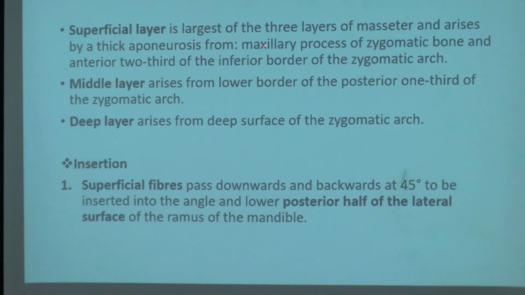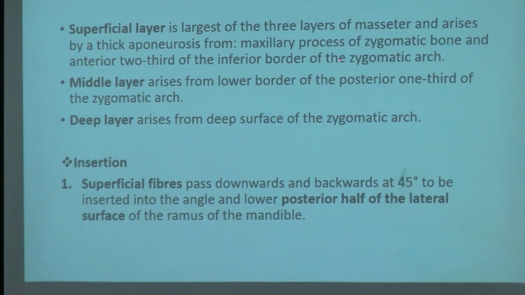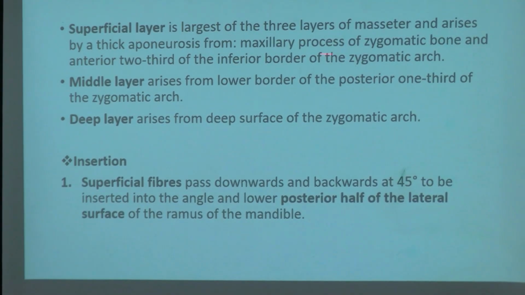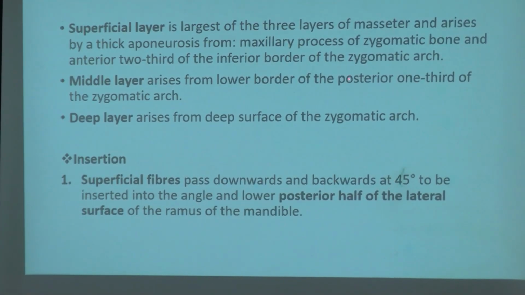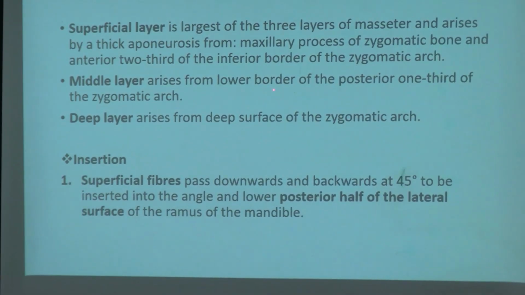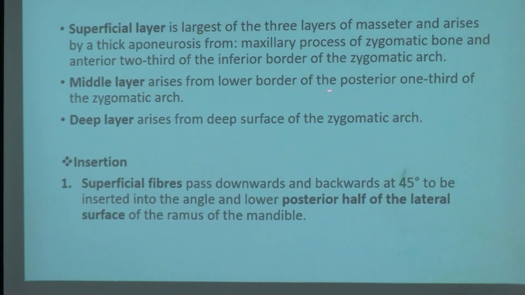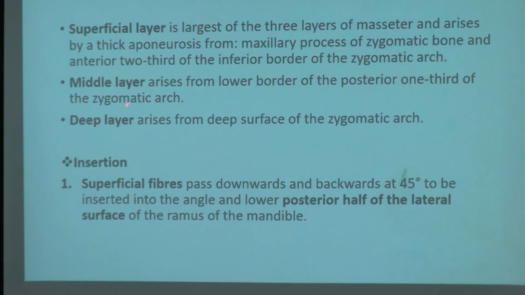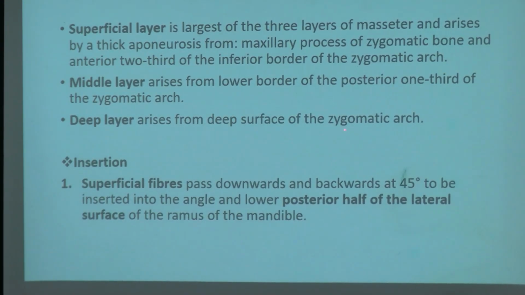The superficial layer is the largest of the three layers of the masseter muscle and it arises by a thick aponeurosis from the maxillary process of the zygomatic bone and also from the anterior 2/3 of the inferior border of the zygomatic arch. The middle layer arises from the lower border, again the inferior border, okay, of the posterior 1/3 of the zygomatic arch. The deep layer arises from the deep surface of your zygomatic arch region.